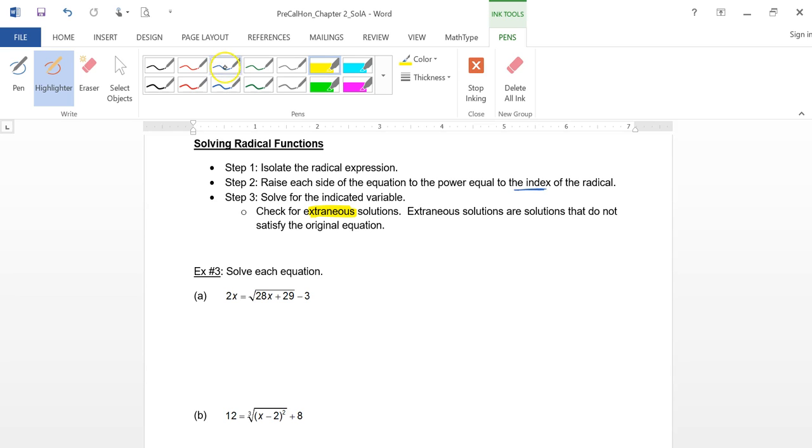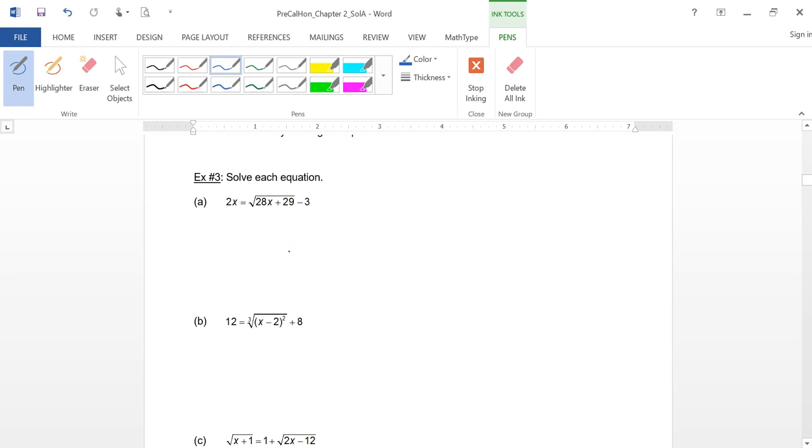Okay, so in the case of this one, we would like to isolate the root, so we take the 3 to the other side. Now, square both sides. Because the index is a 2, we square both sides.